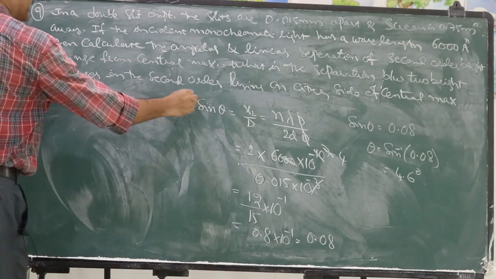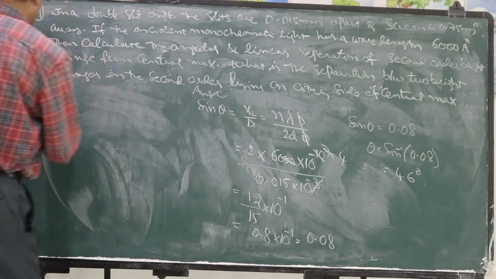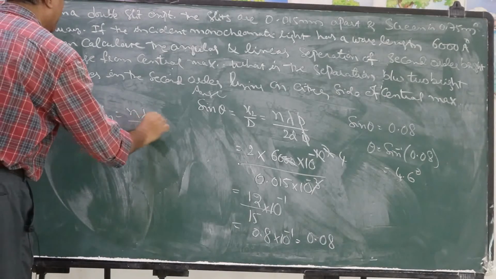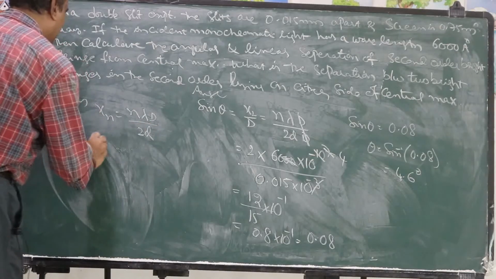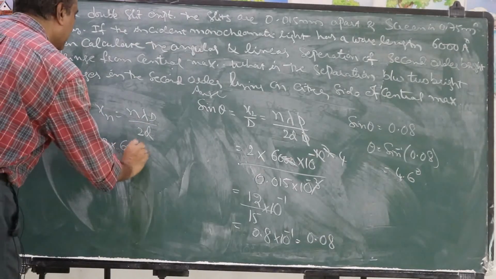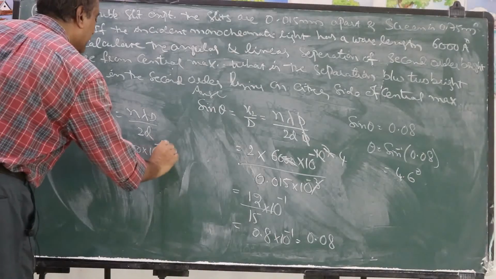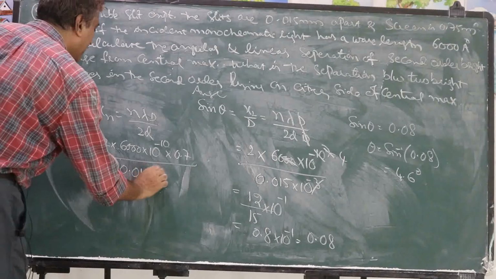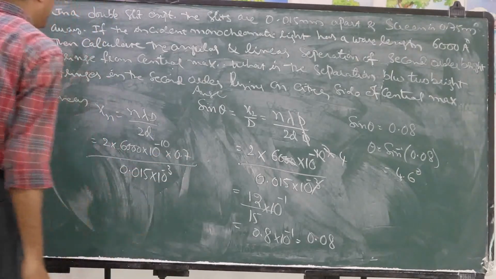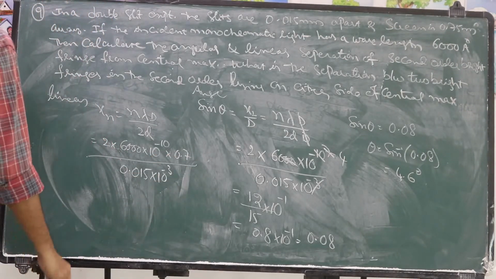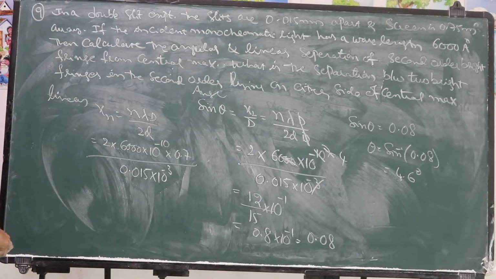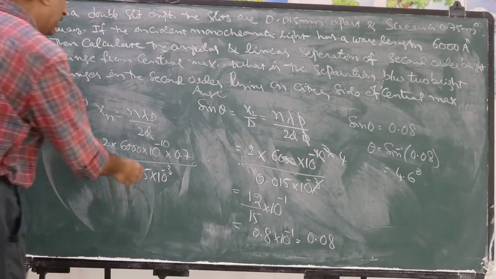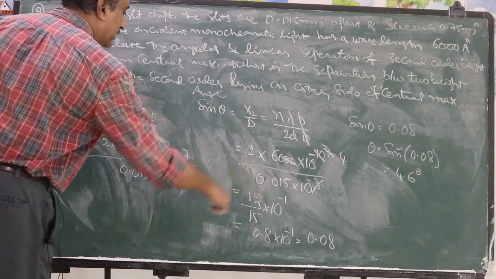Now this is angular separation. Now linear separation, xn equal to n lambda D by 2d. That is 2 × 6000 × 10 power minus 10 × 0.75 by 0.015 × 10 power minus 3. So already this value we have calculated as 0.08.